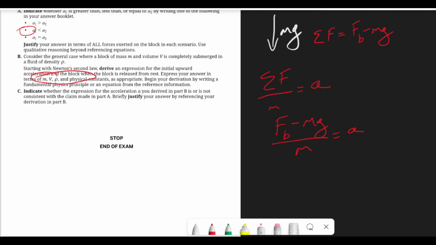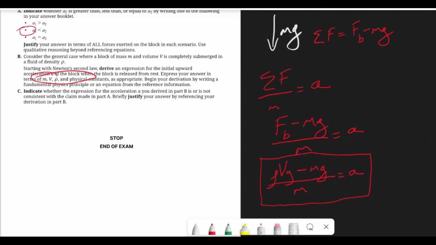The buoyant force is the density of the fluid displaced times the volume of the block in this case, times g. So ρVg minus mg, divided by m, is equal to a. I can simplify this by factoring out some g's, but I'm not going to do that right here. I'm going to leave it just like this. So that's my answer to part B.